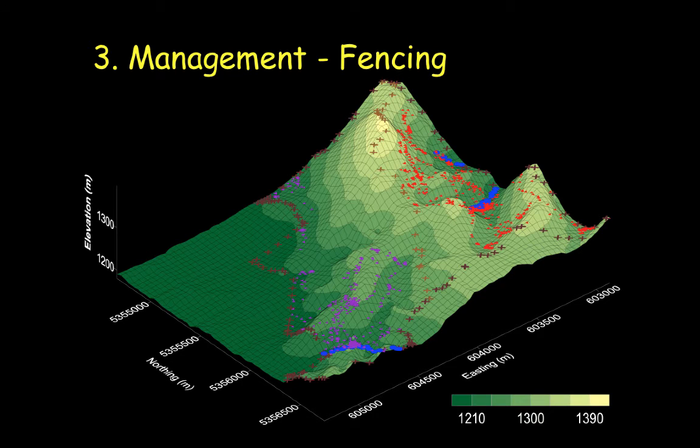Fencing is one of the most popular improvements. When in doubt, you can put a fence in if you have decent terrain. So one of the ways to change grazing distribution is just by changing the area where animals can actually graze. So in this geospatial model, we have brown X's here that represent the fence.